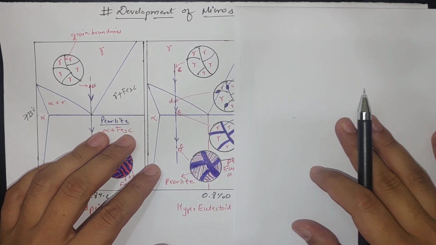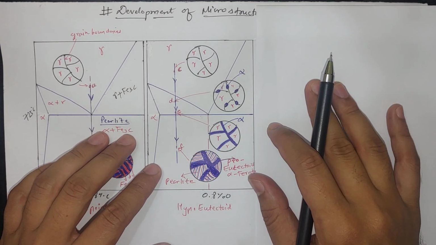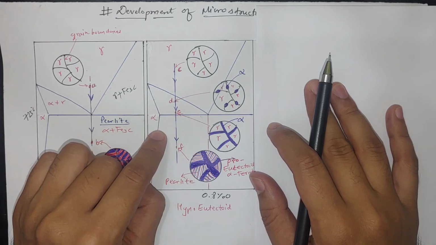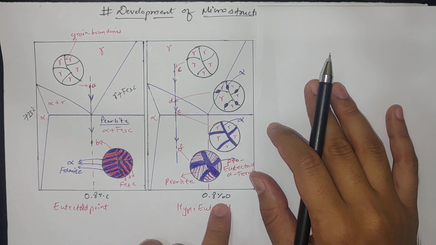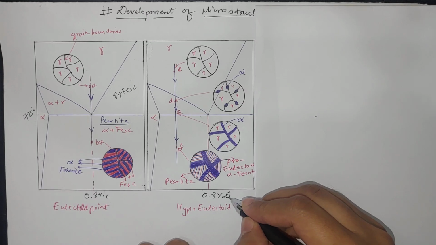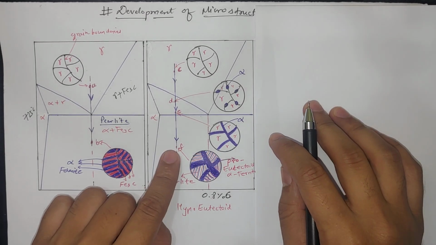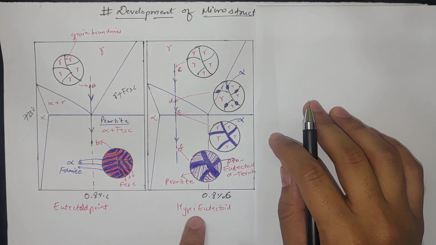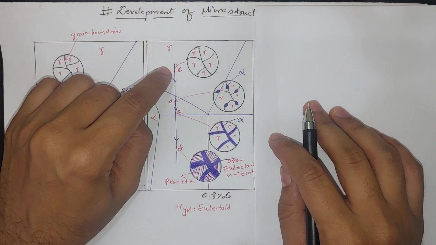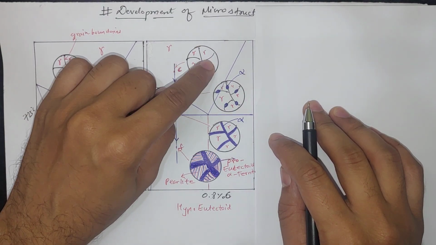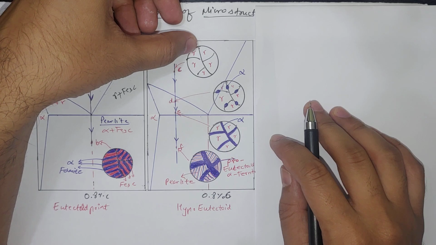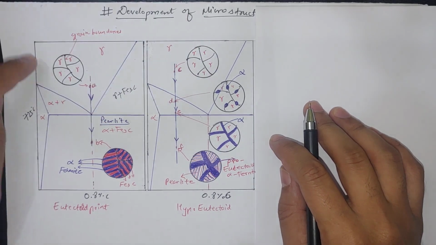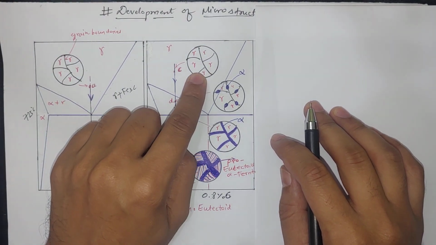Now we'll look at the second case where we'll cool in the hypoeutectoid zone. So here the percentage carbon is less than 0.8 percentage, so hypoeutectoid. The austenitic microstructure is there. Same as the previous case, we are taking austenite.